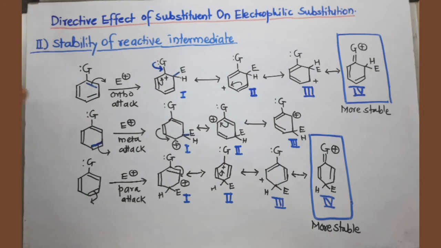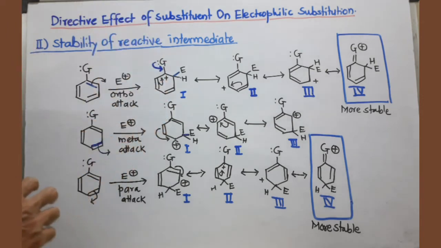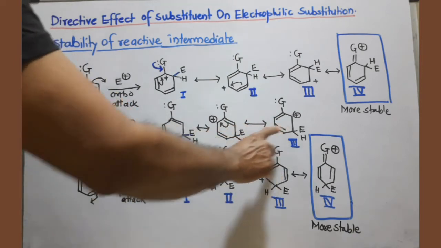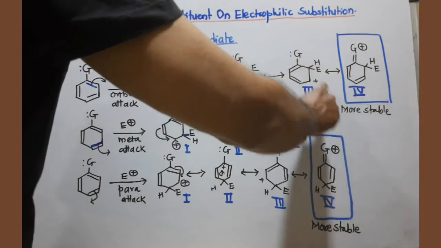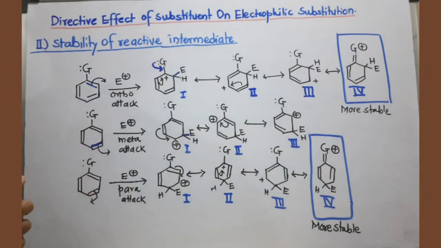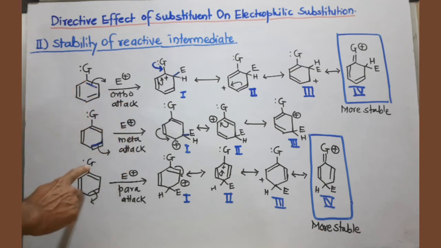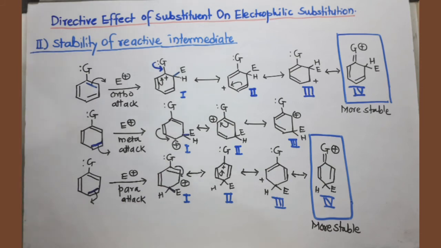We have mentioned earlier, more number of resonating structures means a more stable cation or more stable reactive intermediate. In the ortho case we get 4 resonating structures. In the meta case we get only 3 resonating structures, and there is no formation of a more stable resonating structure. That means meta attack is now ignored. Now you can consider the similar attack at para position by removing this bond outside at para position to join the incoming electrophile.